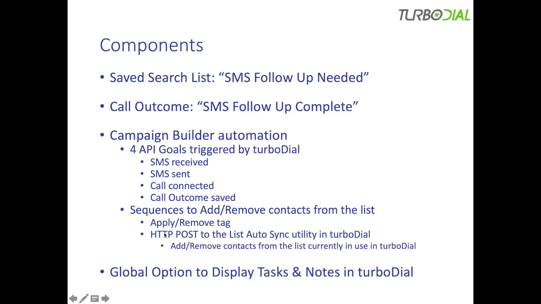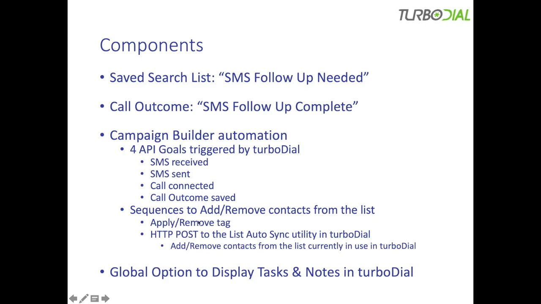And we'll also be using an HTTP post in these sequences that will invoke the list autosync utility in turboDial. That utility will add and remove those contacts from the list if it's currently in use in turboDial. So it works on the turboDial side.